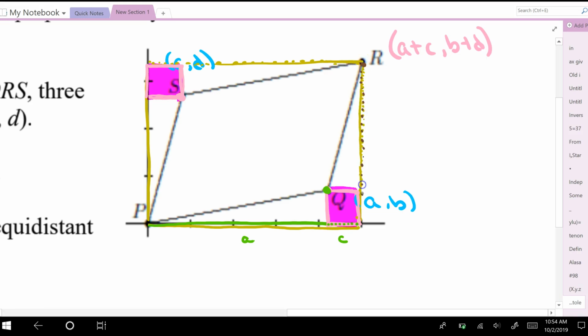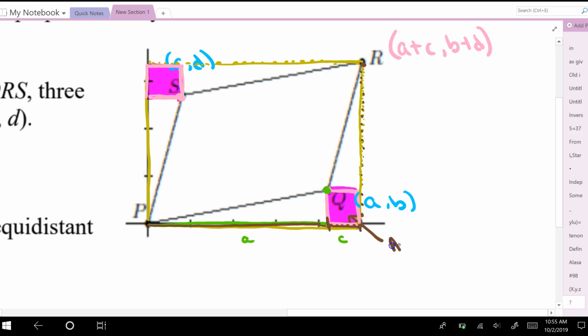The entire distance here is A plus C. That means for this little rectangle here, I know that one dimension is C, right?